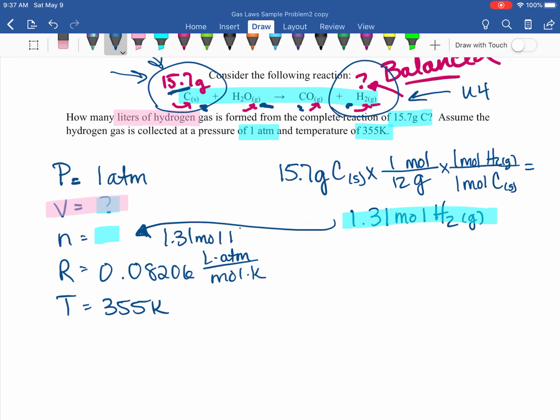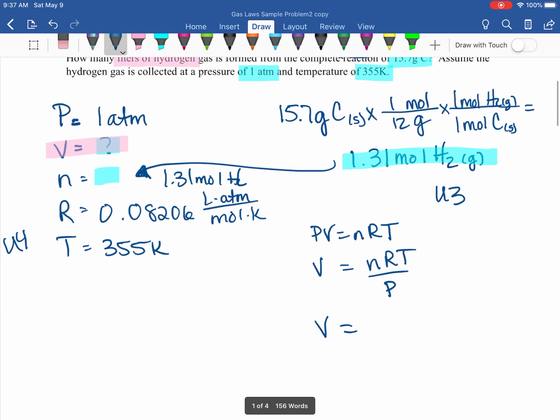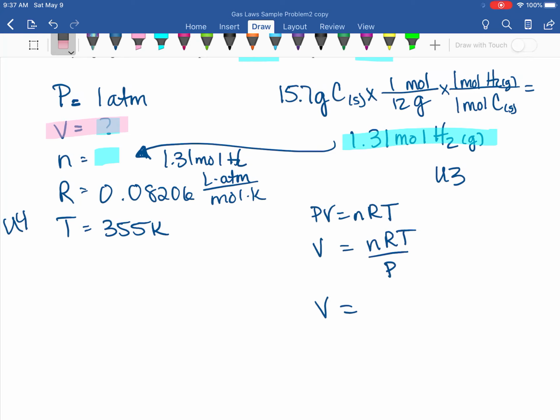So now what do we do? We put that 1.31 moles of hydrogen right over here. And now this is exactly like what we've done in our last video. So let's plug and chug. Let's take our PV equals nRT and solve that for V. Then let's just plug and chug.